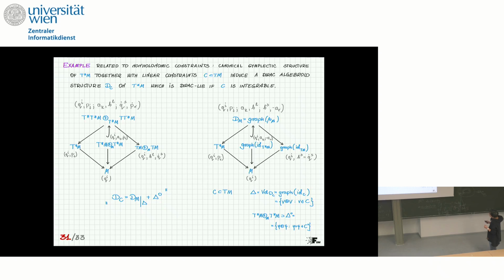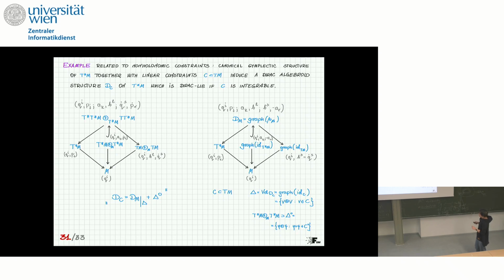The annihilator is in the core of this double vector bundle. Elements of the core of the double vector bundle can be added to elements of the total bundle without changing any of the projections. So I can easily smear this out in the vertical direction, adding this annihilator here.